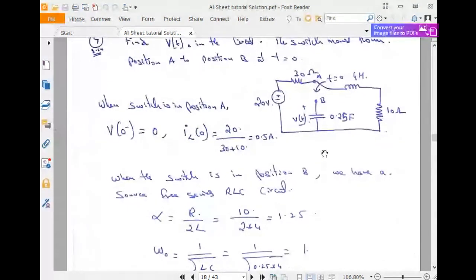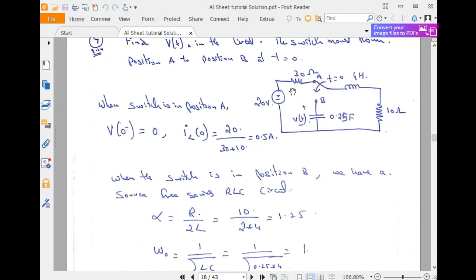Now, find the value of first V of 0 when the switch is connected to A. So we are going to find the current. IL of 0 equals the total current. This will be short circuited.